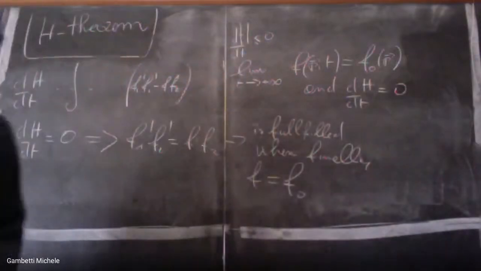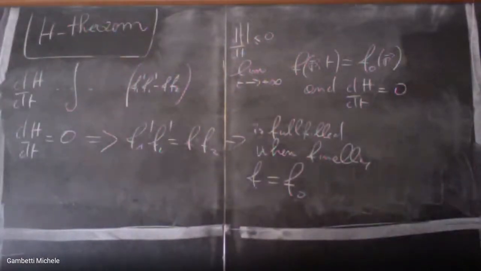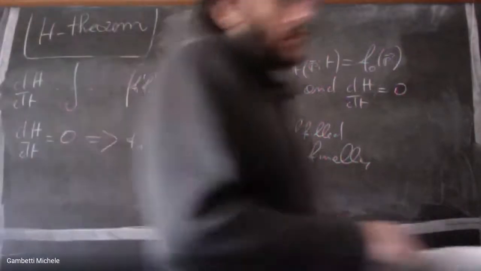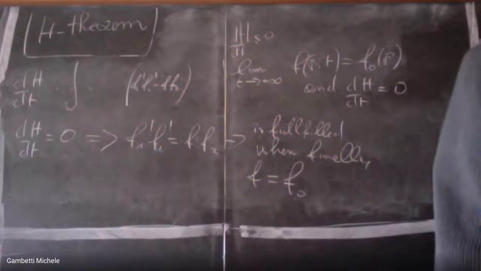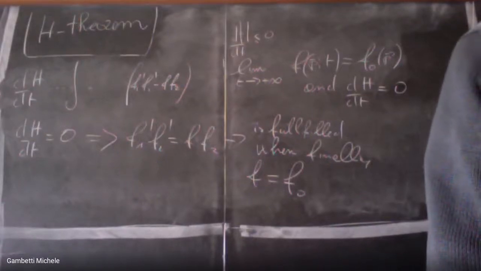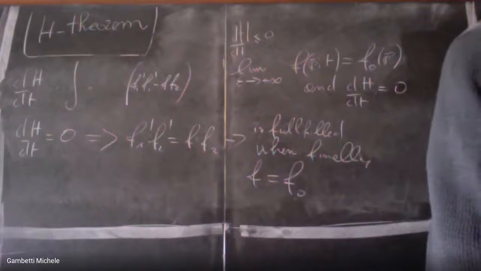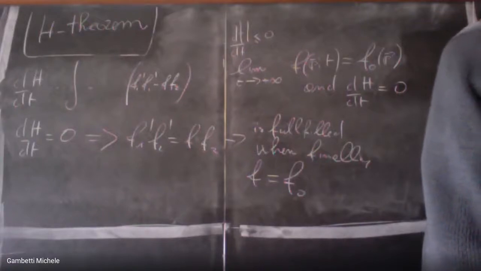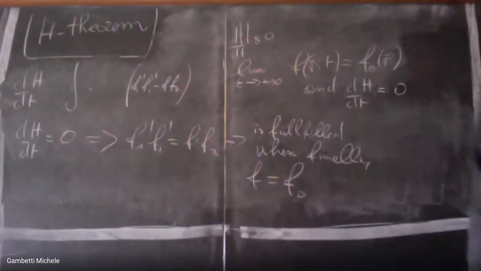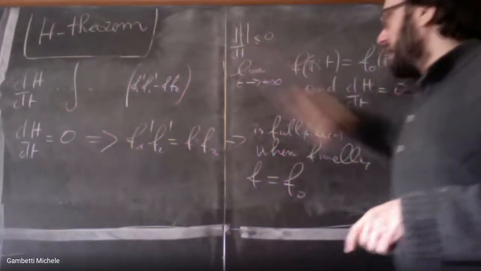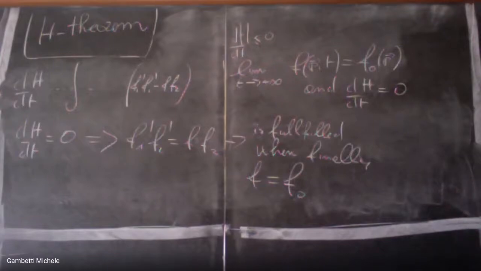So this H theorem associated with the Boltzmann equation basically provides, first of all, an arrow of time, in the sense that it says that this quantity h is decreasing as a function of time.